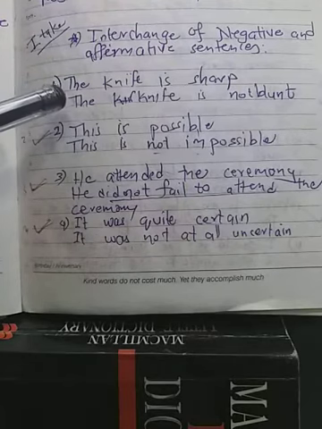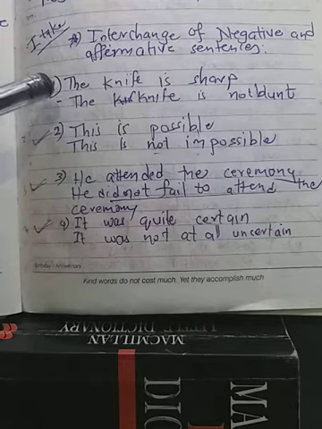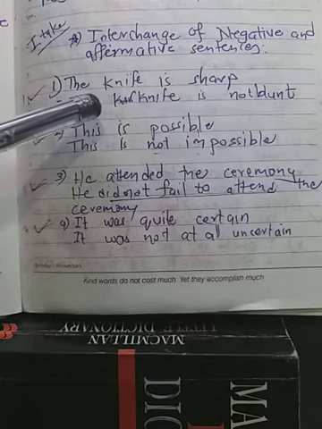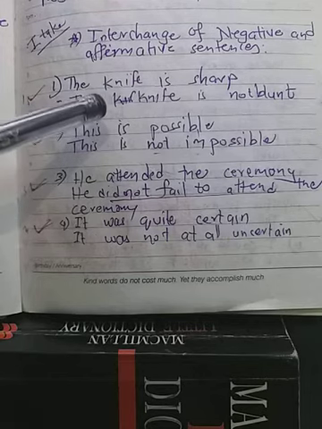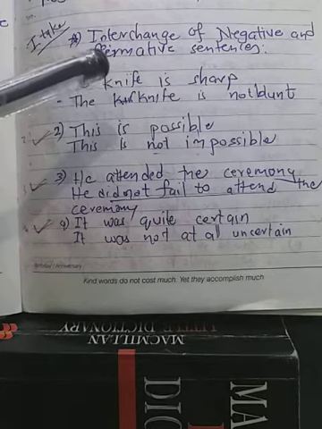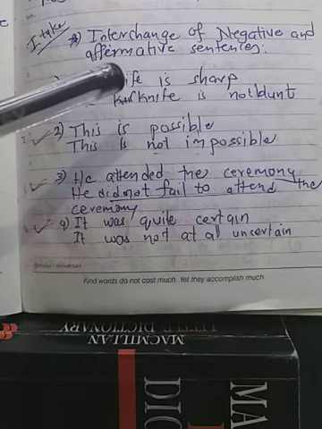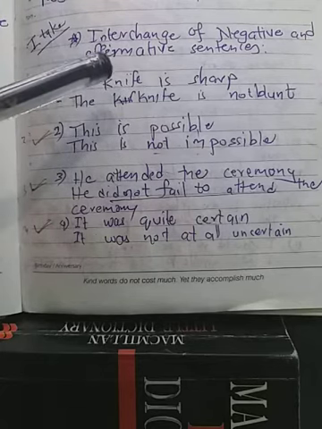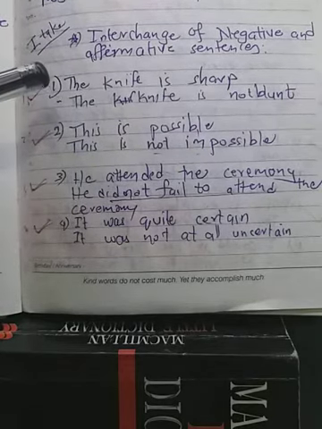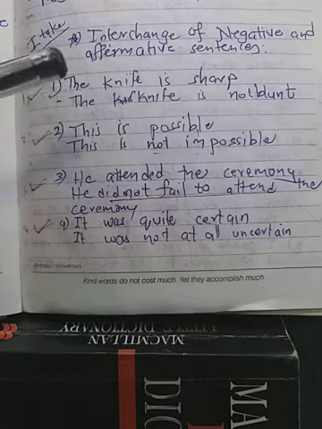So when we transform the knife is sharp from a positive to a negative sentence, this technique of adding not and making the opposite of the word given in the question, sharp becomes blunt, is one of the techniques of transforming a sentence from positive to negative, and vice versa.